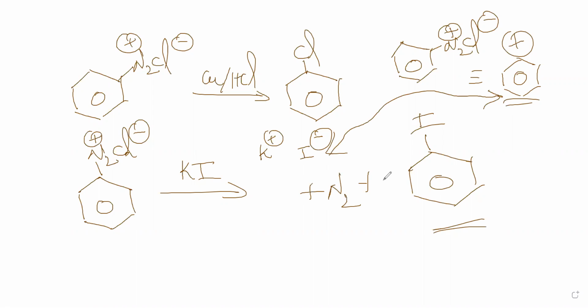Nitrogen is evolved in almost all the reactions, except dye preparation. So simply you connect the positive and negative charges. You consider the diazonium salt as a positive charge on the benzene ring. Clear?